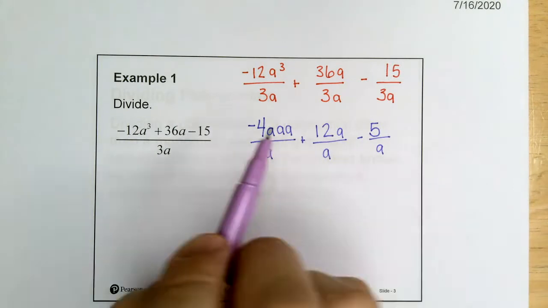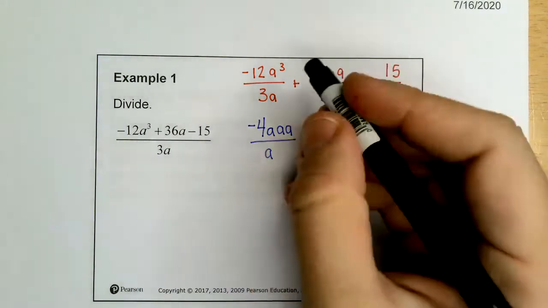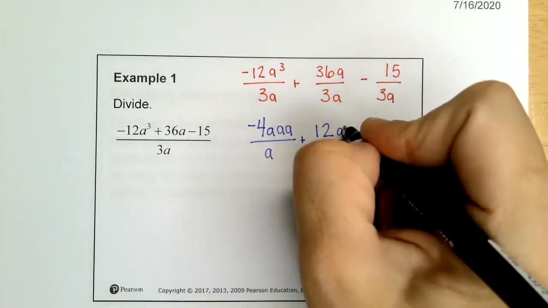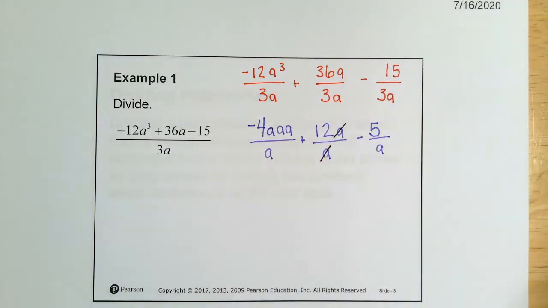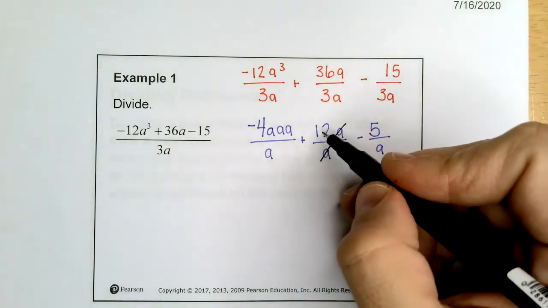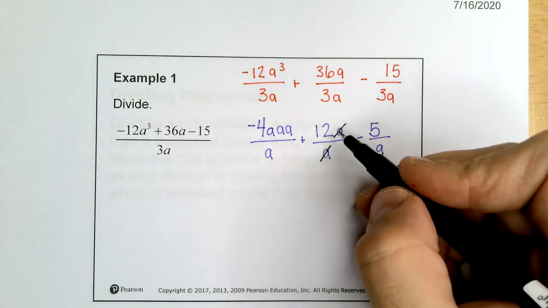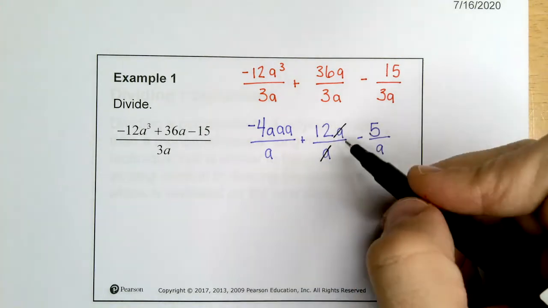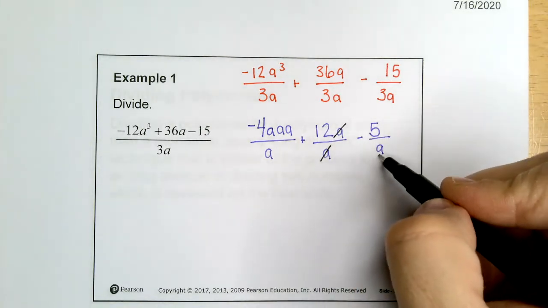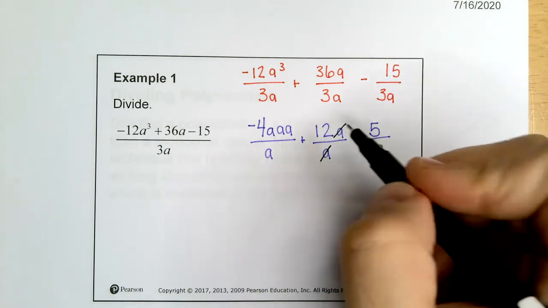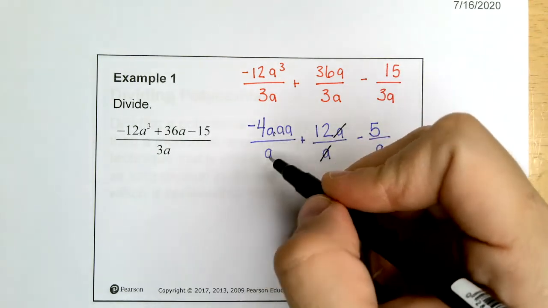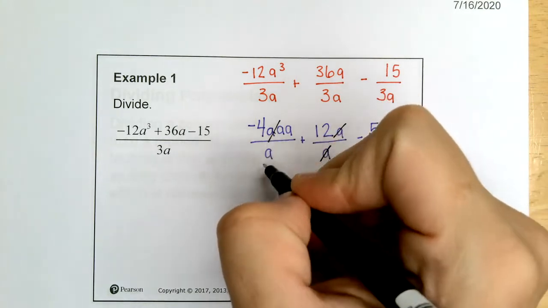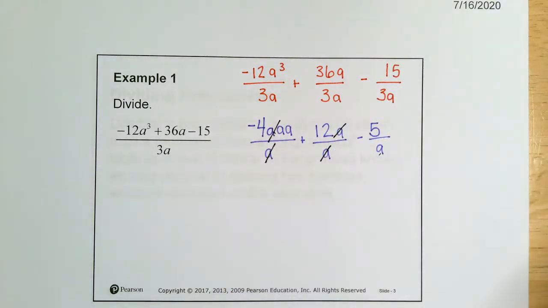I can cancel out some of these a's. So anything divided by itself is 1. So that becomes, instead of 12a over a, it's 12 times 1, which is 12. There are no a's up here, so I can't cancel this a. That a stays. Here I have 3 on top, 1 on the bottom. I can cancel 1, right?